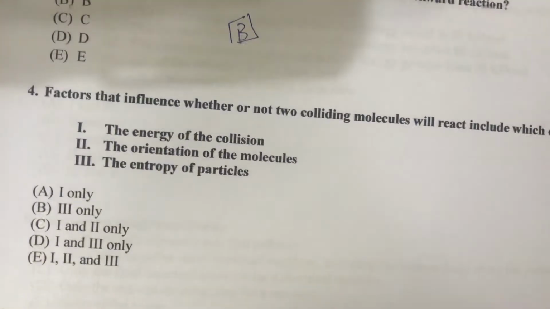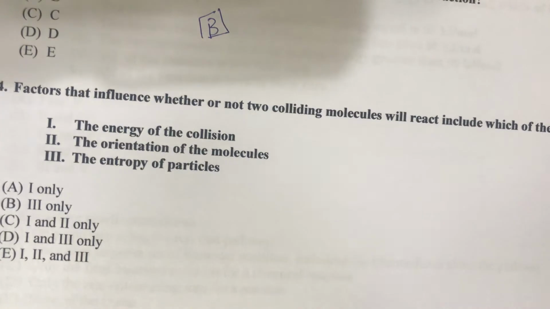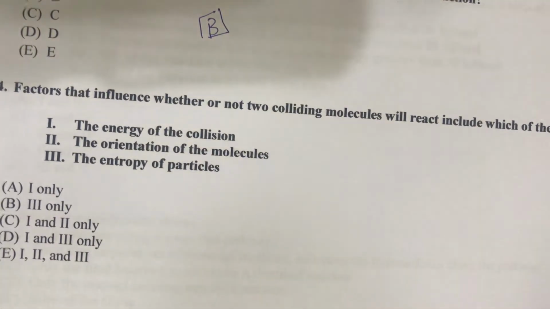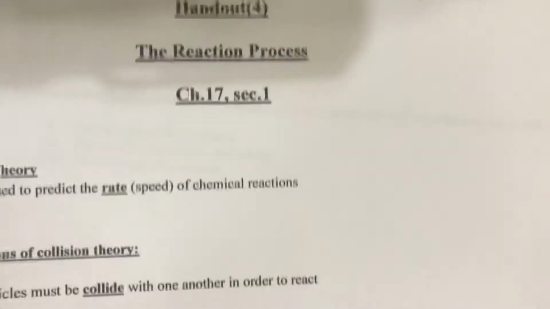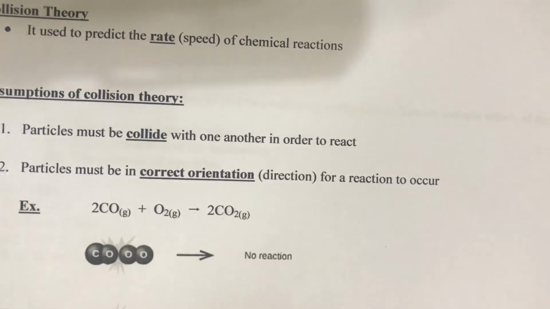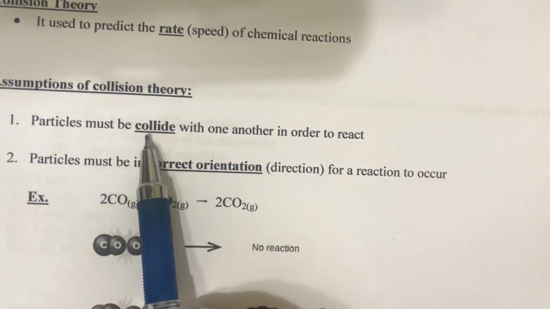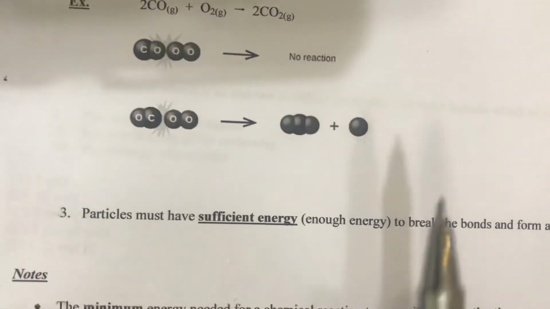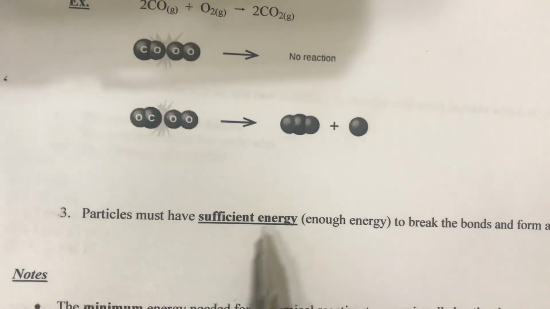Question number 4, factors that influence whether or not two colliding molecules will react include which of the following? So if you remember the assumptions of collision theory, for particles to react, they must collide in correct orientation, and they must have sufficient energy.